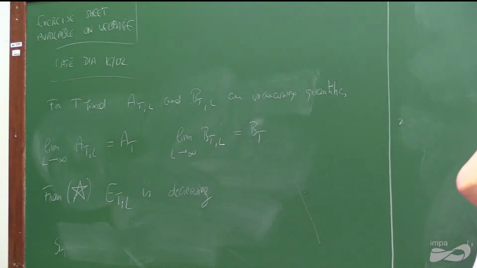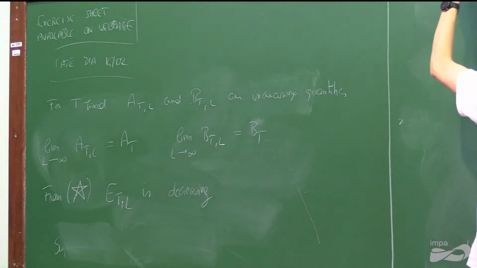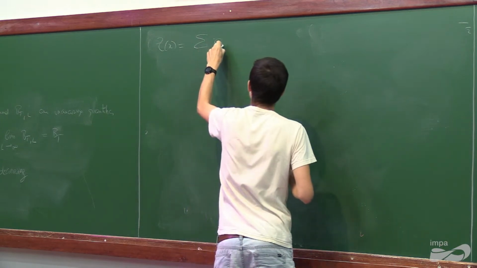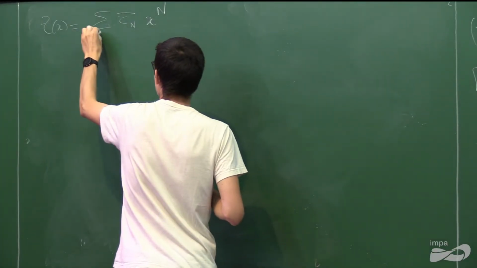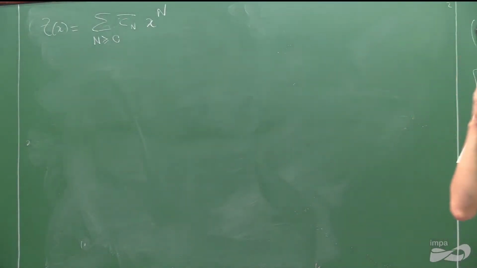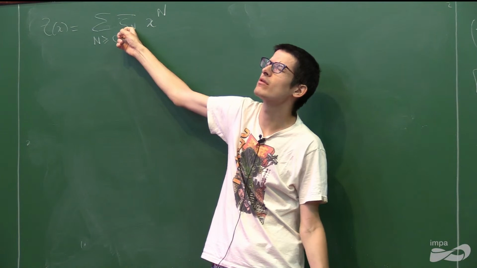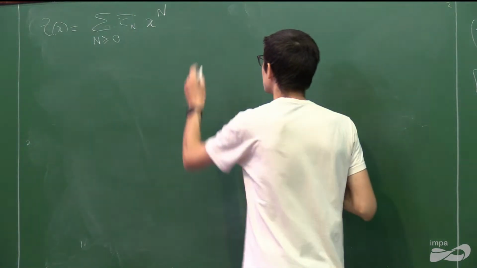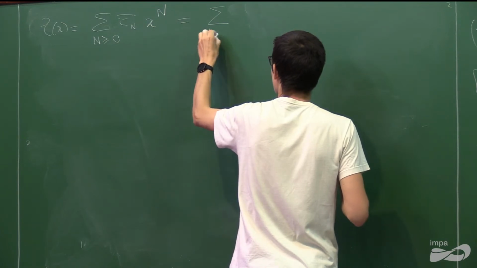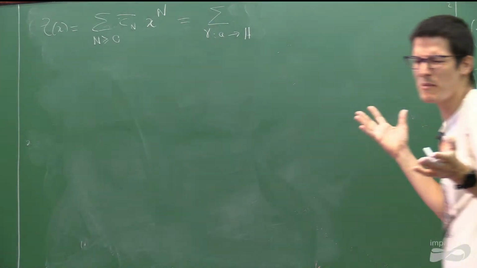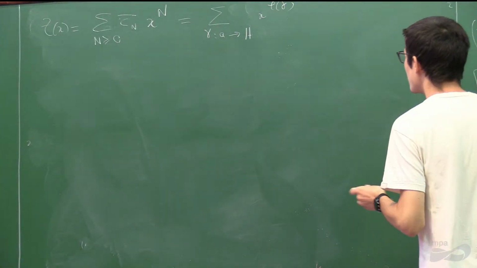So what we want to do now, if you remember, we had defined Z(x) as the sum over n larger than 0 of c_n x to the n, where c_n was the number of self-avoiding walks starting from the mid-edge A. So this is just the sum over gamma from A to H, where H is the set of all mid-edges, of x to the length of gamma.